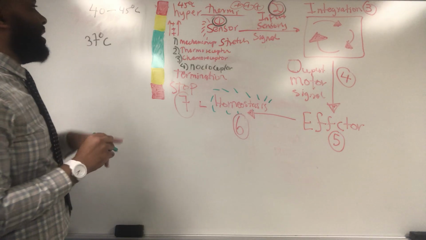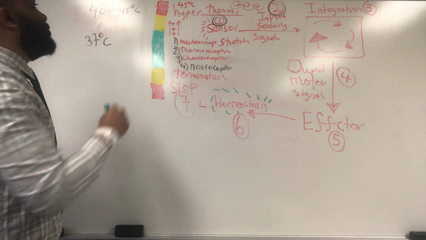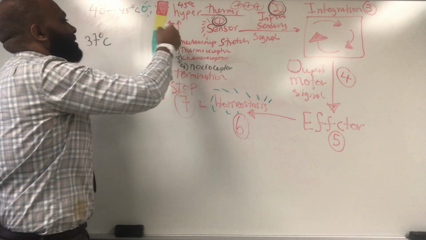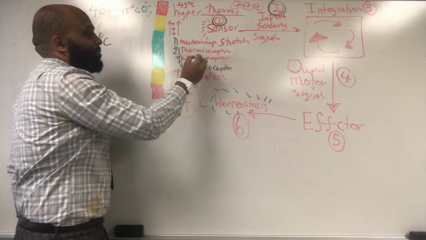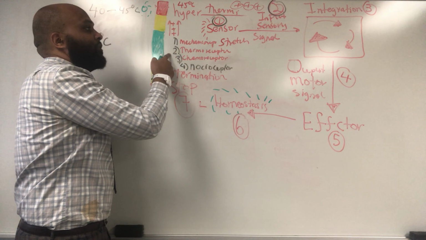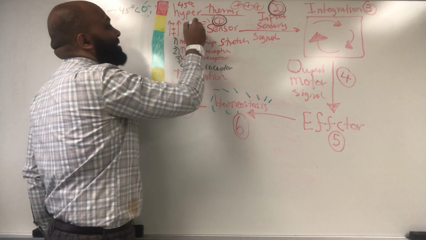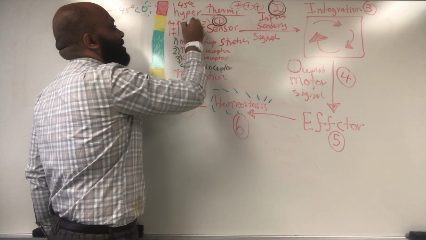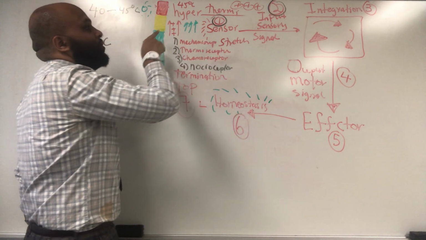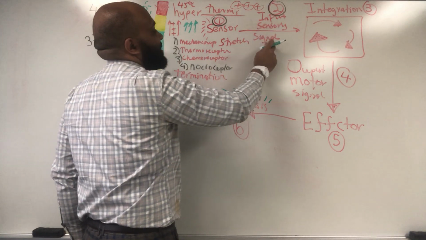But now we're talking about temperature, hyperthermia. We're too hot. The sun is out and we are too hot. So for step number 1, which receptor do we say? It was thermoreceptor. The thermoreceptor is going to sense an increase in temperature, and it is going to send an input sensory signal.